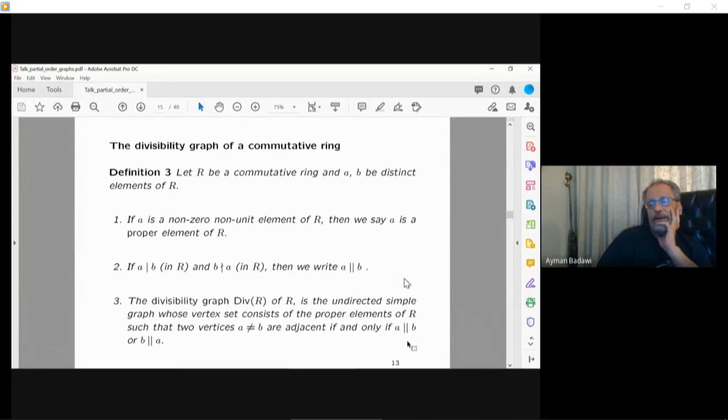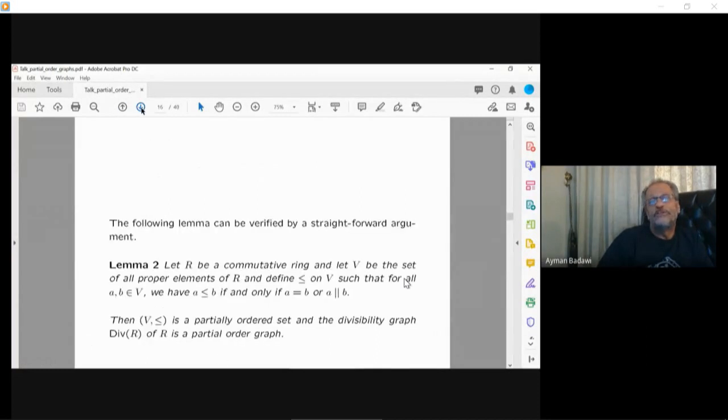That means a divides b, but b does not divide a, or b divides a, but a does not divide b. Under this condition it becomes a partial order graph. It's clear, it satisfies the three axioms, so the divisibility graph also will satisfy.